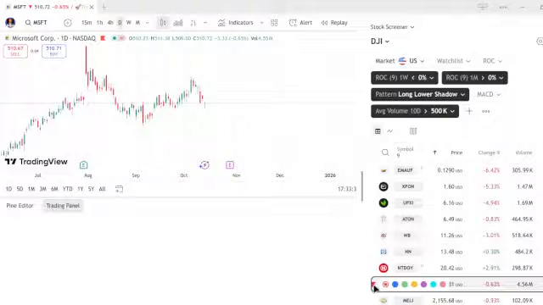You want to adjust your volume as well. So there will be an earnings report season coming soon. So this is very much a good time to buy Microsoft.